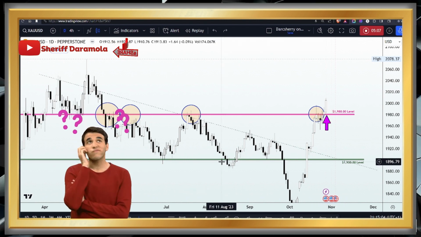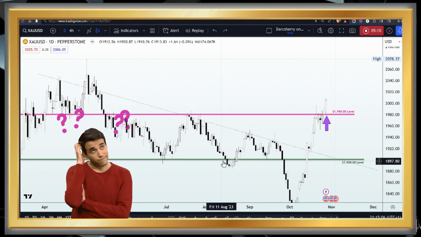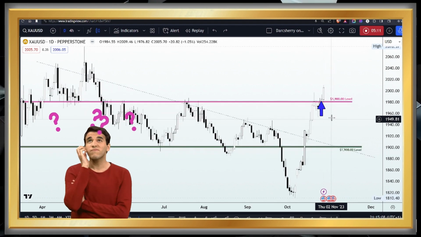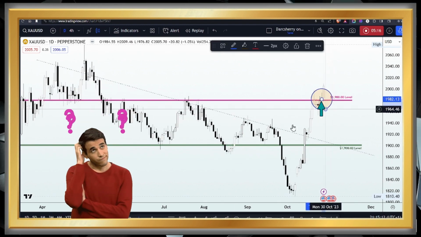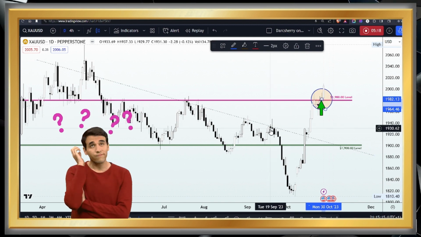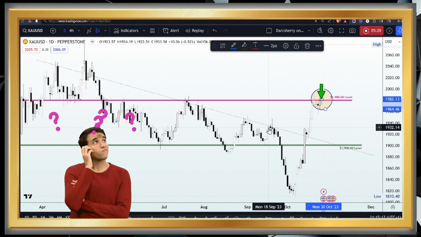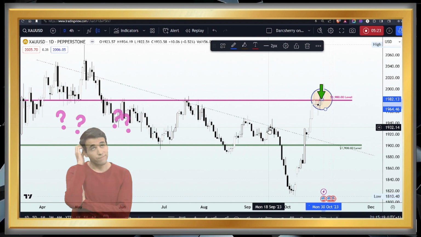Now the question going into the new week is: is this breakout at the 1980 a valid one, or will it at any point in time turn out to be a false one leading into a sell-off in this market?